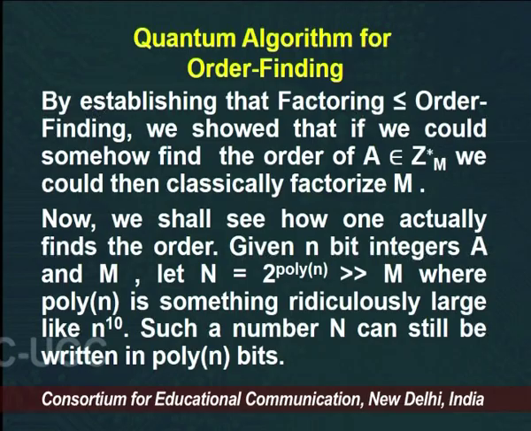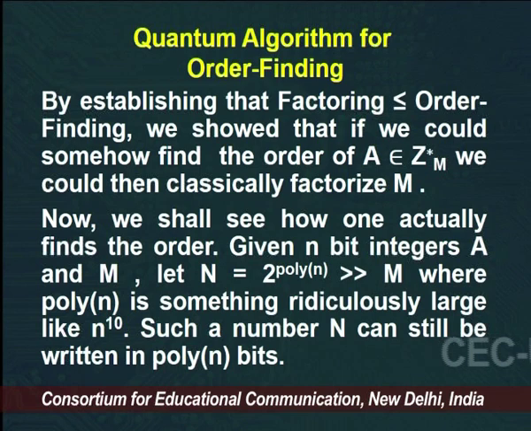So, another is the quantum algorithm for order finding. We will define it by establishing that factoring is less than or equal to order finding. So, we showed that if we could somehow find the order, we could then classically factorize the m. Now we shall see how one actually finds the order.